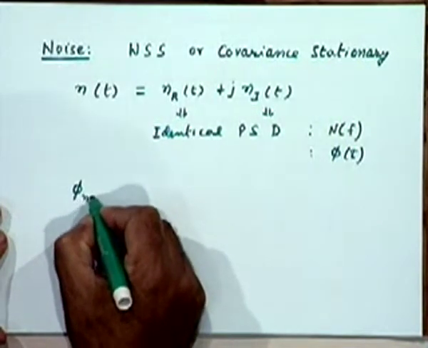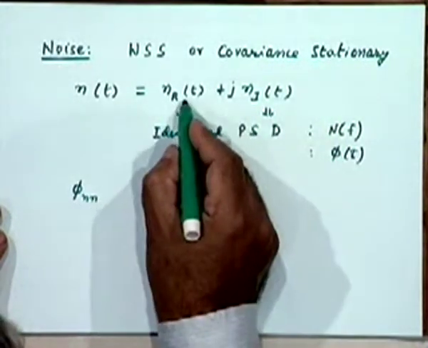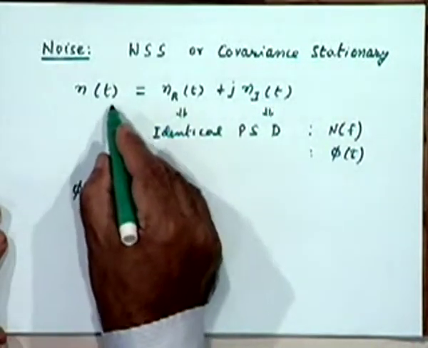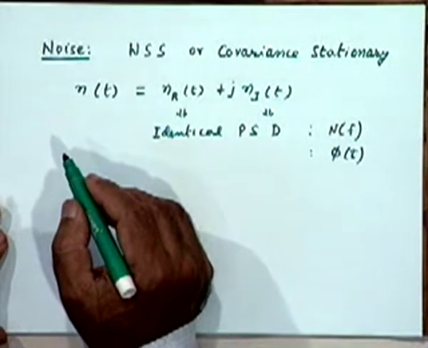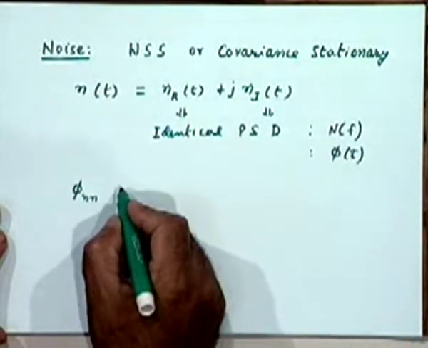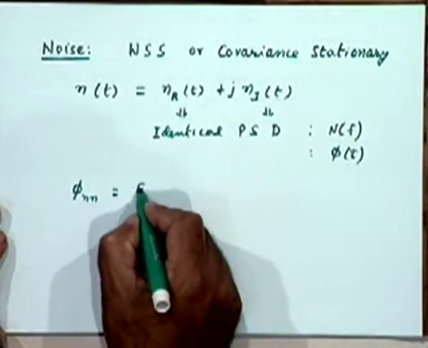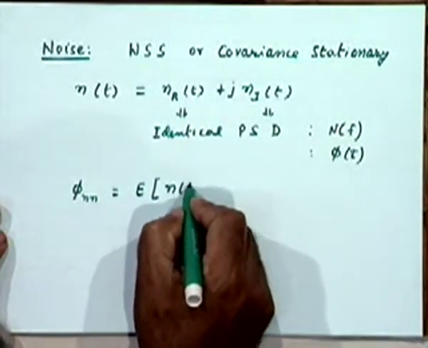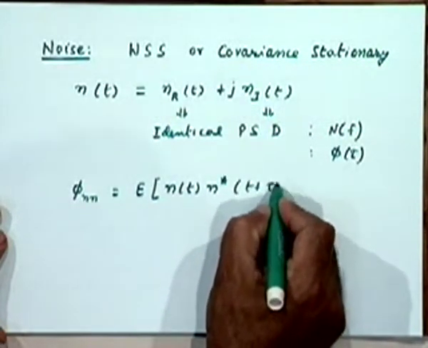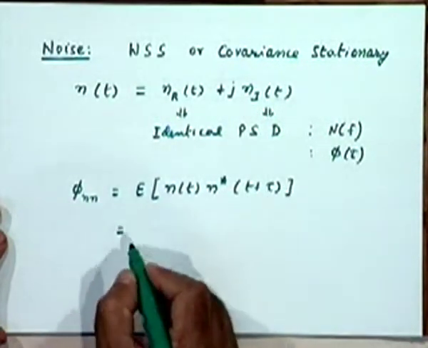So, if phi(tau) is the autocorrelation function of each component, what will be the autocorrelation function of this noise process? Exactly the same or with some difference? Let us check quickly. The mathematical definition is n(t) times n conjugate (t plus tau).